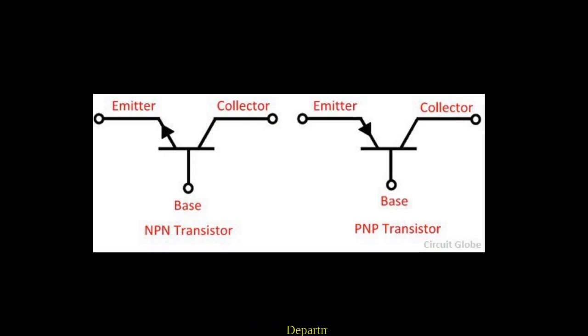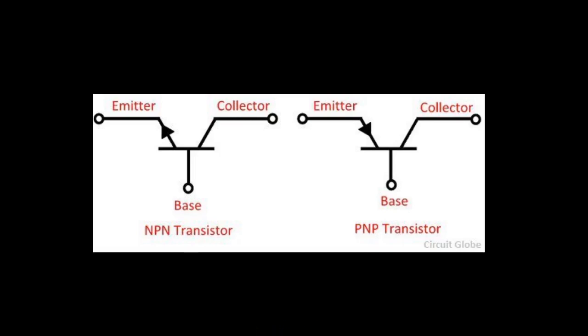In the next session we will discuss the working of the transistor, and the conditions required for transistor operation. If we take the emitter junction in forward bias and the collector junction in reverse bias, then what happens? Likewise, if both the emitter junction and collector junction are in forward bias, then what happens?